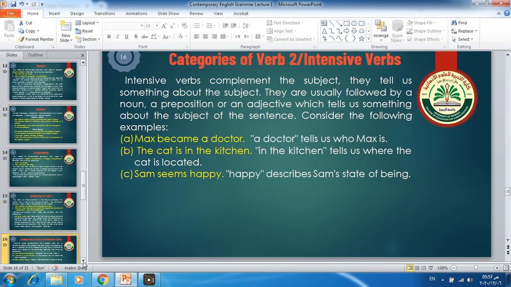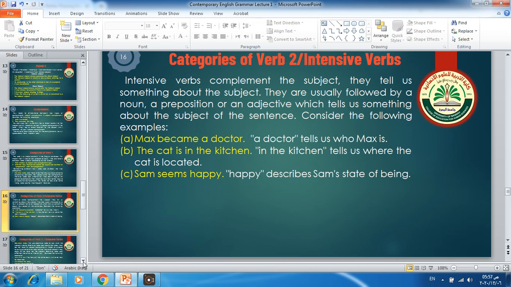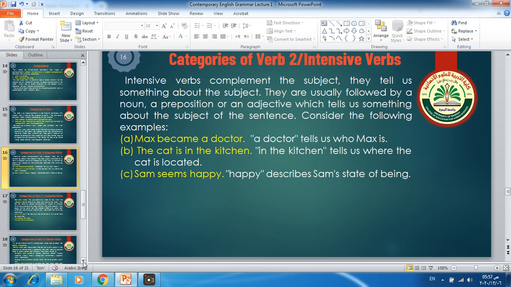Intensive verbs complement the subject. They tell us something about the subject. They are usually followed by a noun, a preposition, or an adjective, which tells us something about the subject of the sentence. Consider the following examples.